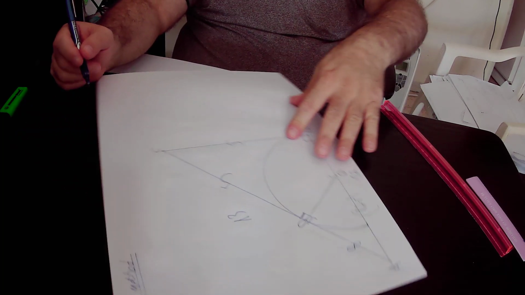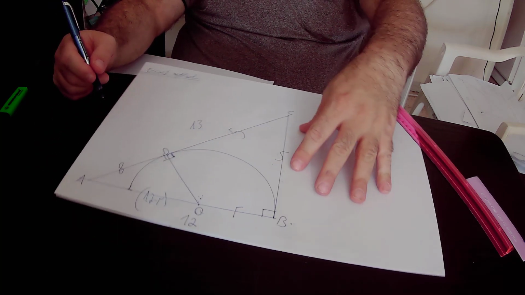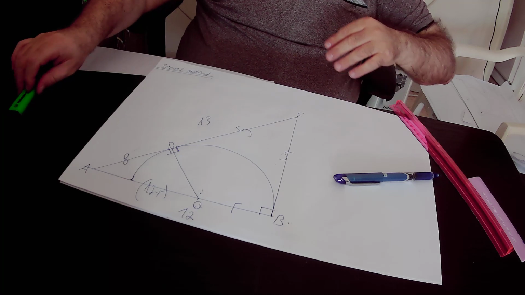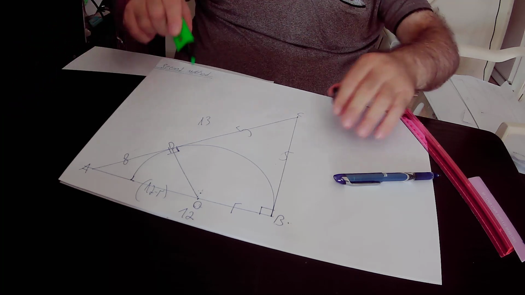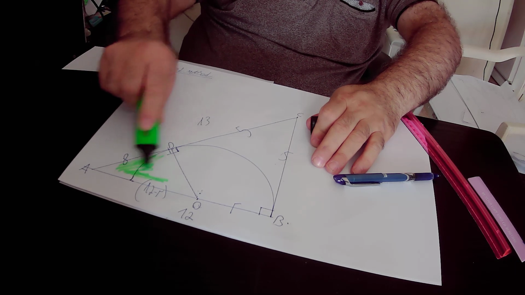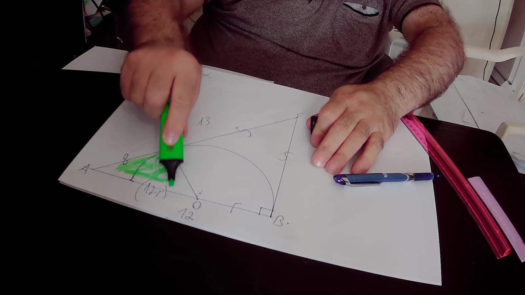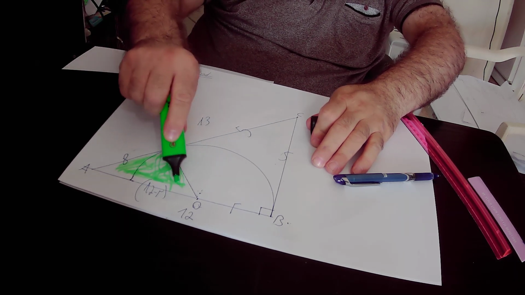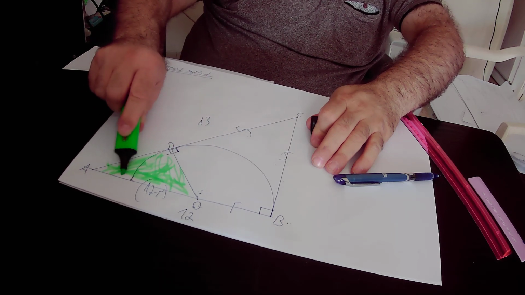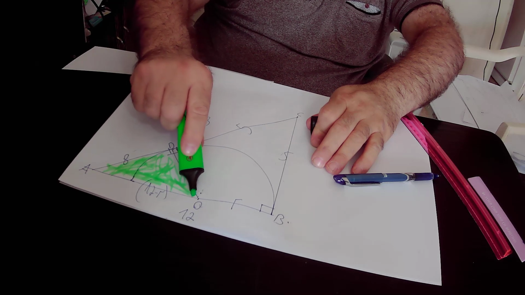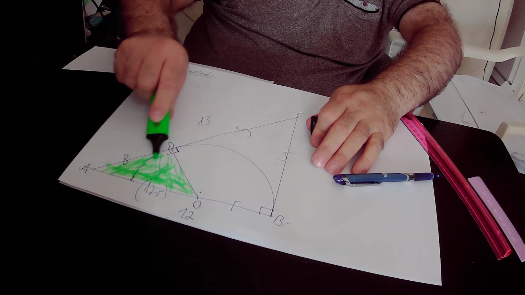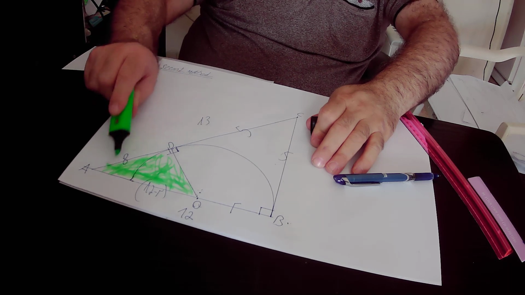So in the next step, we will focus on the right triangle, triangle ADO, or the right green triangle, triangle ADO. And we will implement the Pythagoras theorem on the right green triangle, triangle ADO.